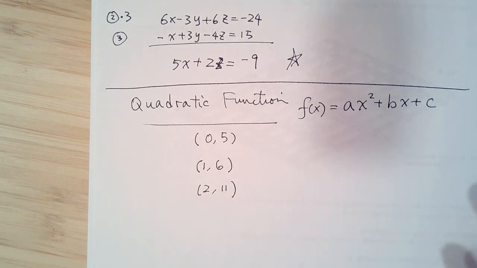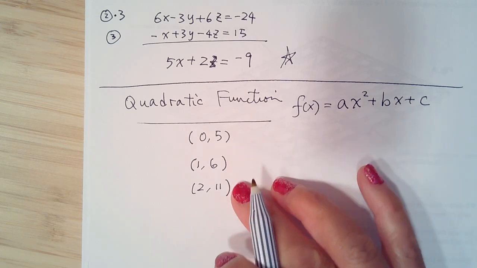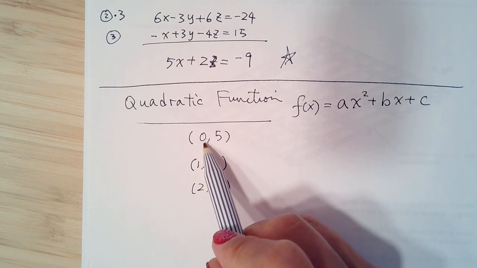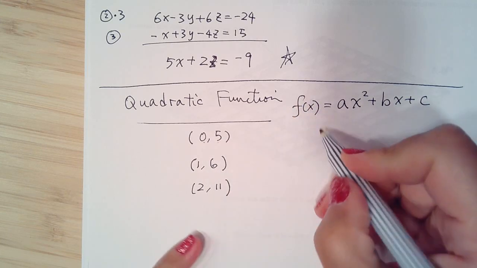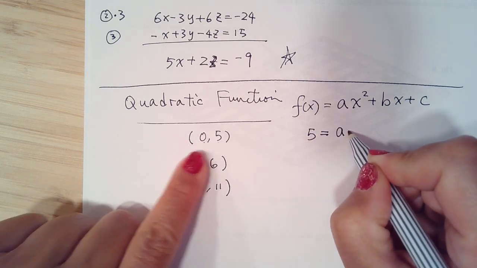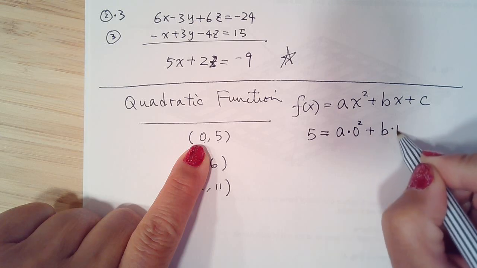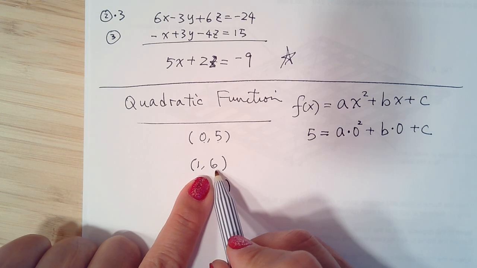Can you identify this quadratic function for me if this quadratic function's graph passes through these 3 points? So this one, 0, 5, which means when x equals 0, y equals 5. So therefore 5 equals a times 0 squared plus b times 0 plus c. When x equals 1, y is 6.